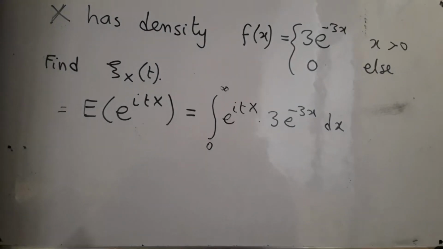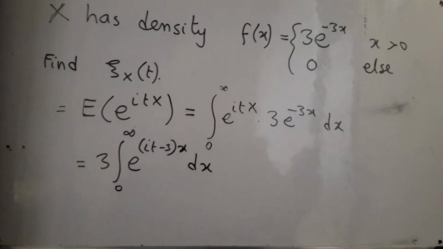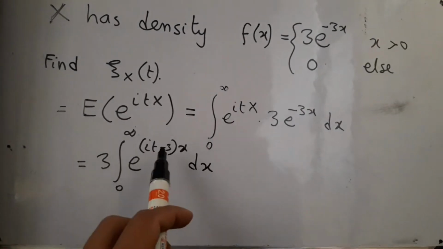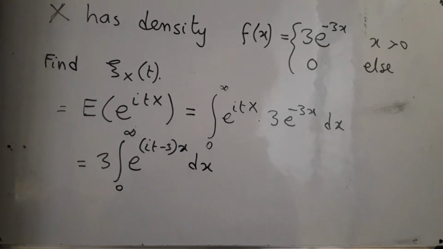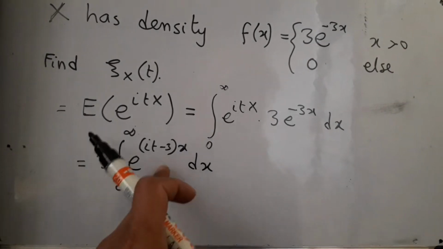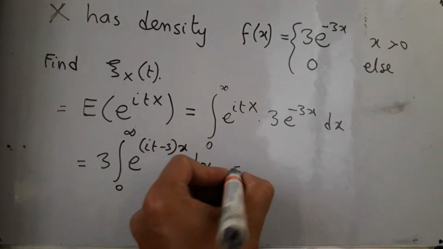And then I will just combine the entire exponential as e to the power (it minus 3), the entire thing times x. Now I shall use just complex integration as if it is real integration, which is justified by what I said earlier. So you can treat this as a constant.